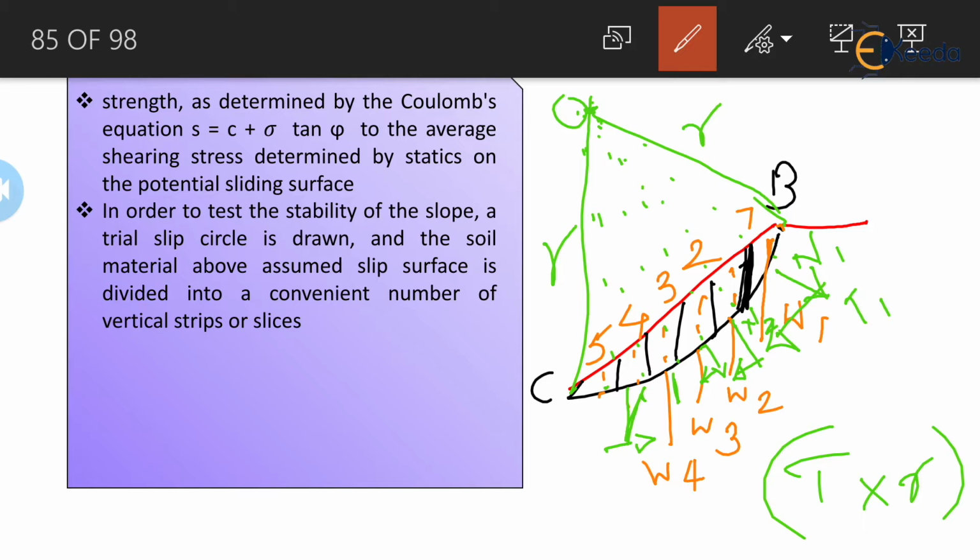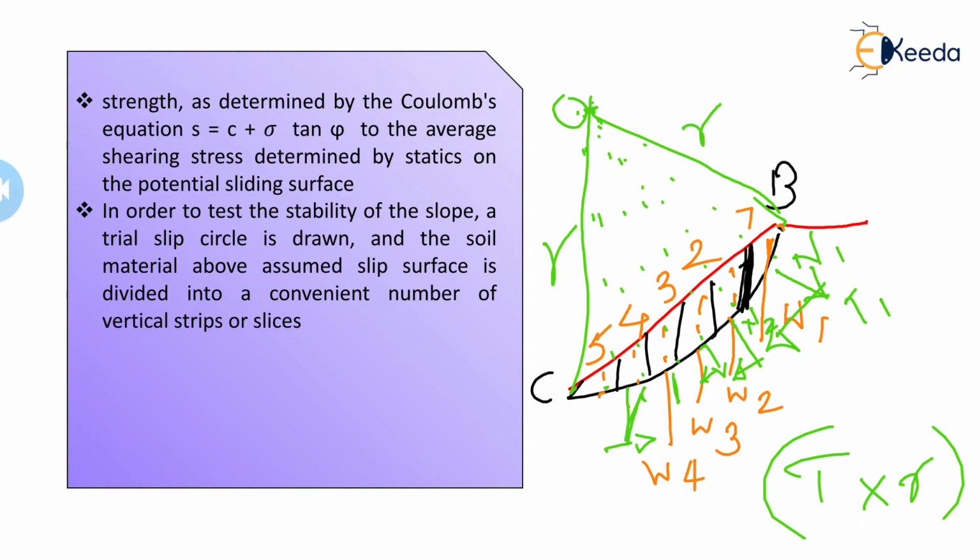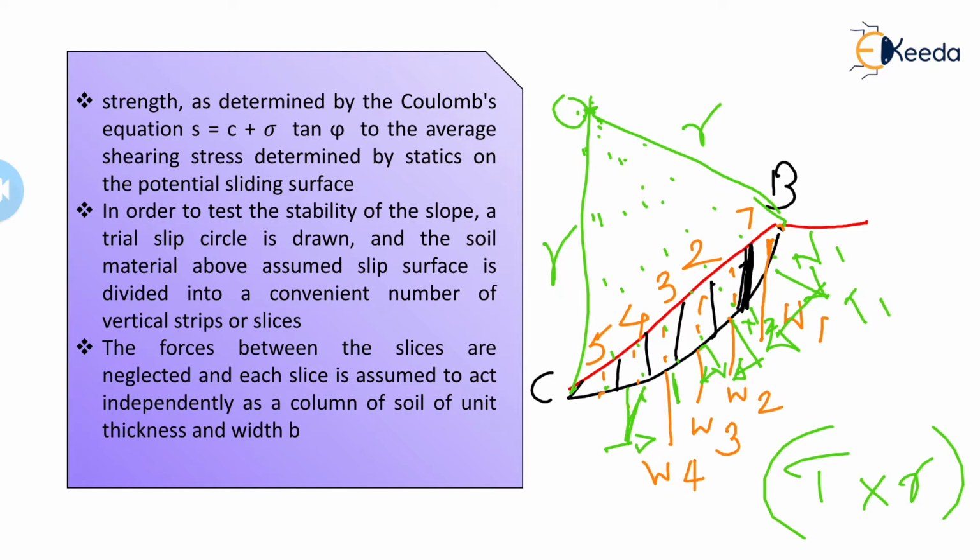So this is the diagram for the Swedish circle method. Here we are deriving our equation totally on the basis of the trial slip circle method. So yes, here is the explanation about the same slip circle surfaces.